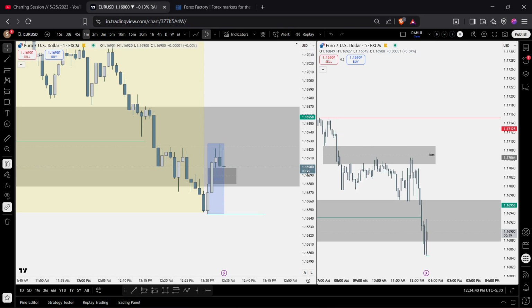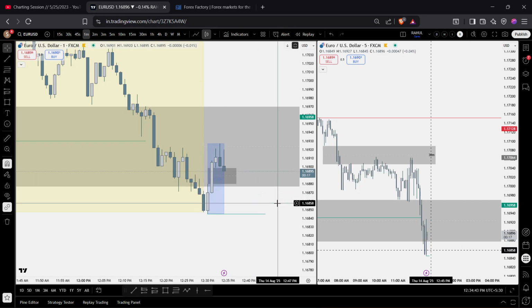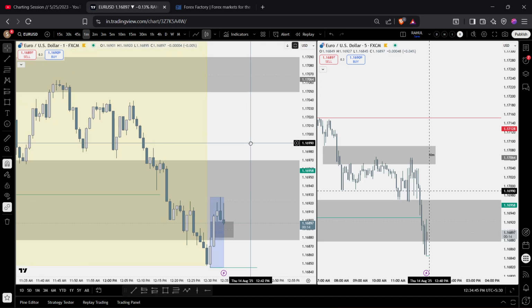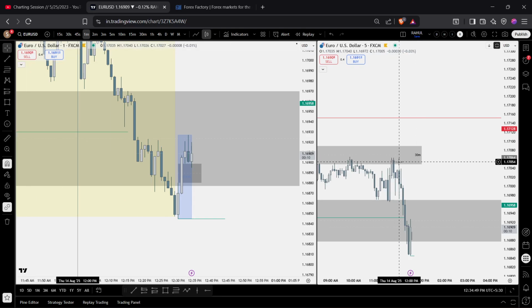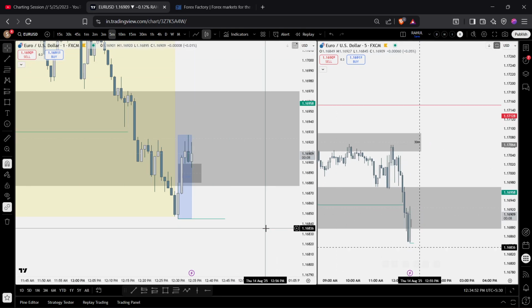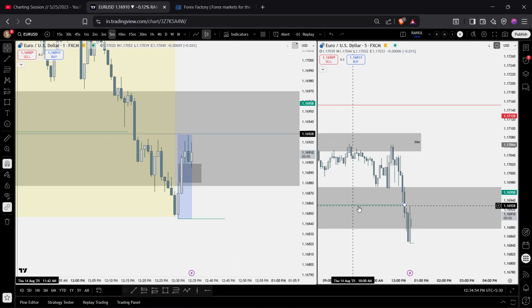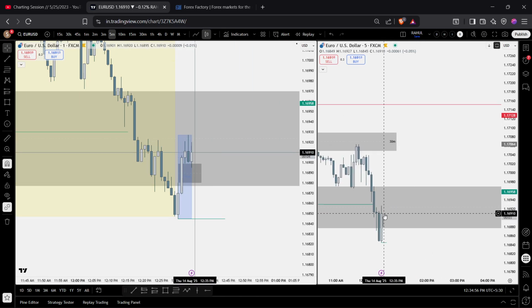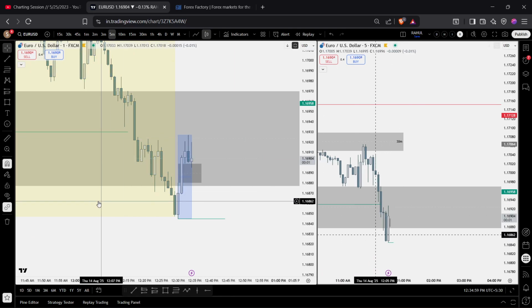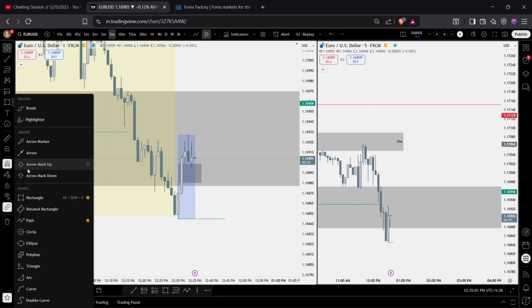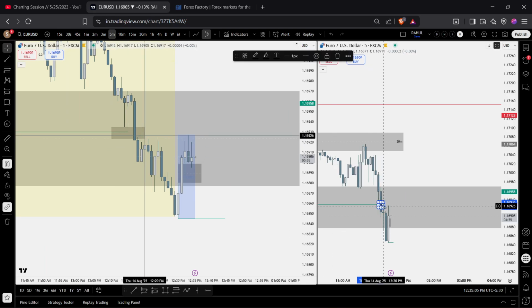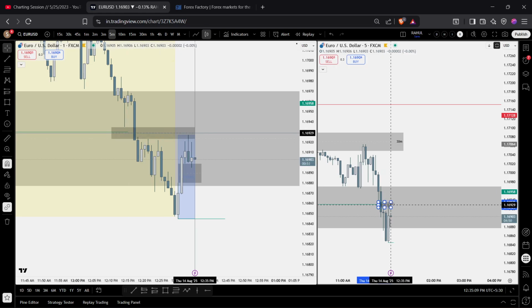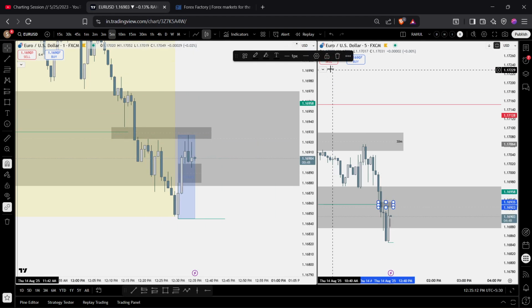You can also see some sort of manipulation to the upside. I wanted to respect this FVG, the 5 minute FVG. Okay, this was a sweep technically.